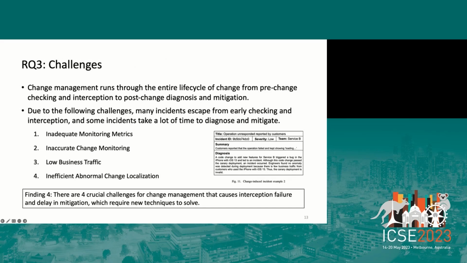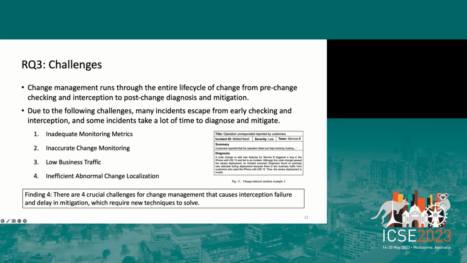From these descriptions, we identify 4 practical change management challenges which require new techniques to solve. Here, I only talk about the challenge of low business traffic. Other details can be found in our paper.